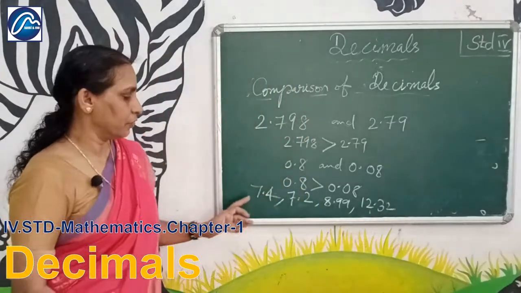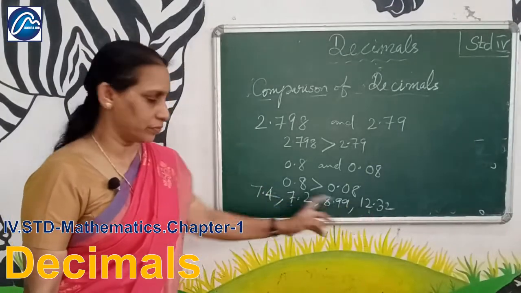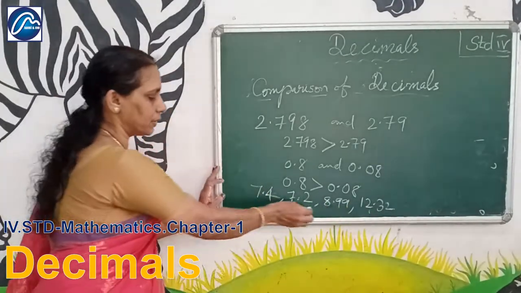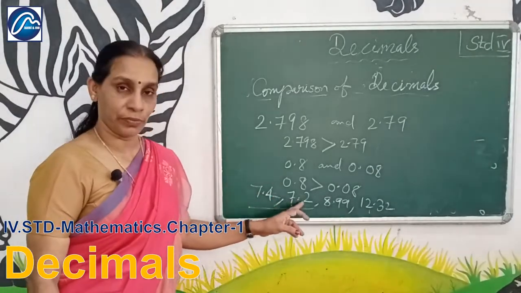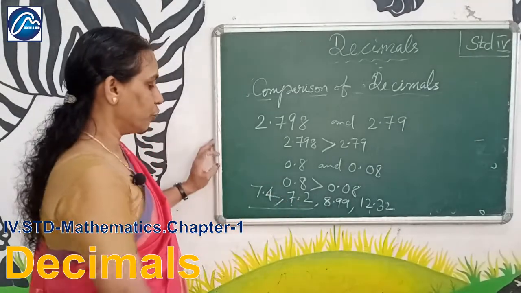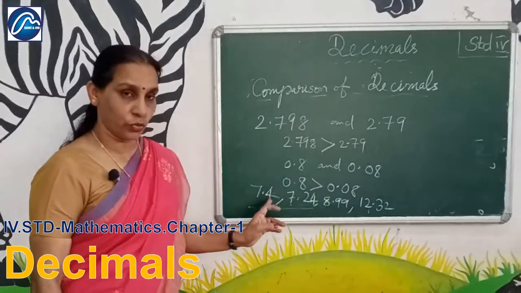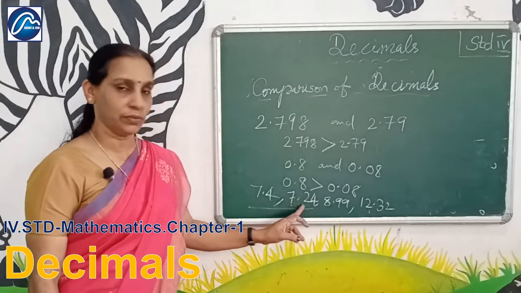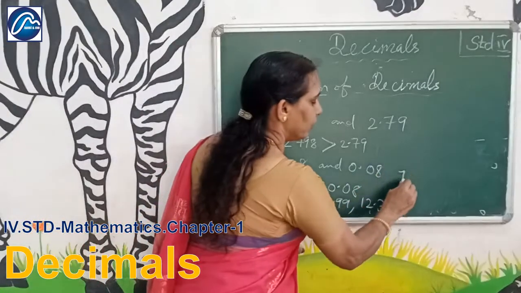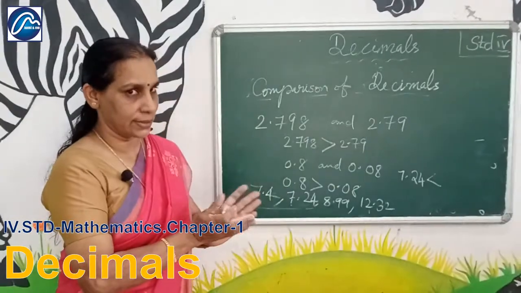Okay, which is the smaller one? 7, 7, 8, 12. 7 is the smaller number. Here 7.4, here 7.2. 2, 4. അപ്പോഴും ഏതാണ് ചെറുത്? ഇവിടെ 4 tenth ഉണ്ട്, ഇവിടെ 2 tenth ഉള്ളൂ. അപ്പോൾ ദിസ് ഈസ് ദ സ്മോളർ വൺ. സോ 7.2 ആണ് ഫസ്റ്റ്.